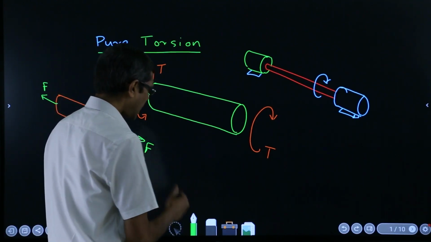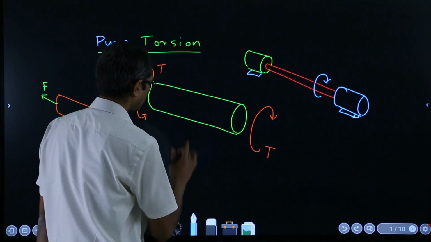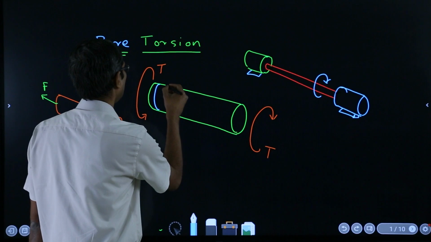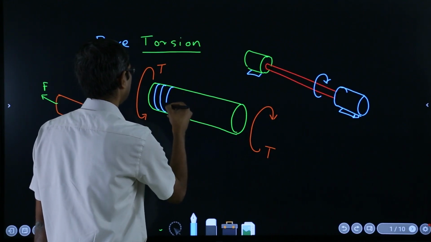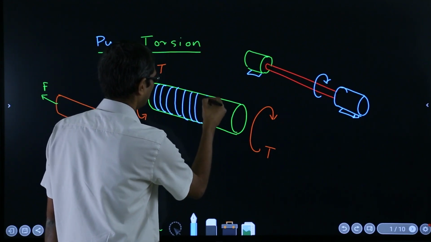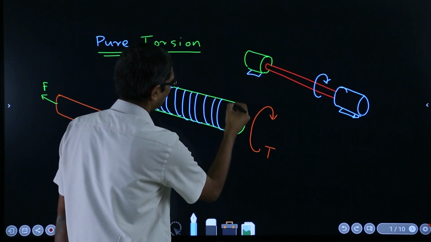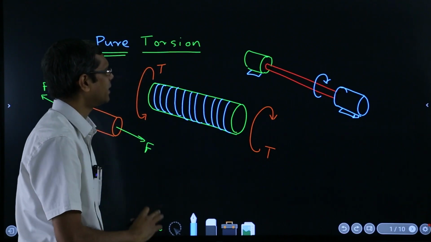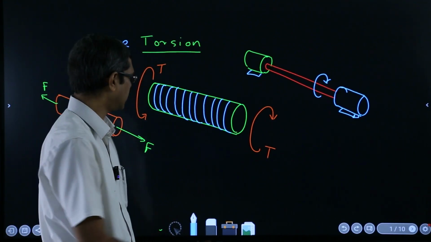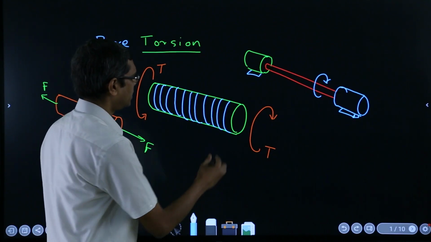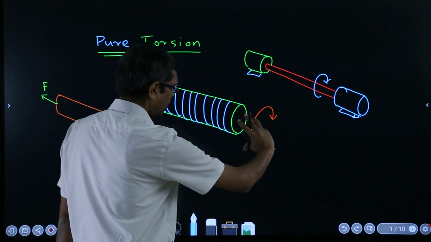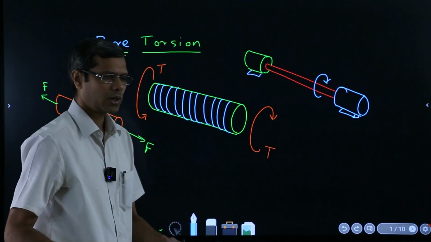For that you just imagine this whole cylindrical body to be made of small thickness cylindrical plates sort of. And then you have high friction between all those separate cylindrical plates. Now if you turn them, what do you think will happen?